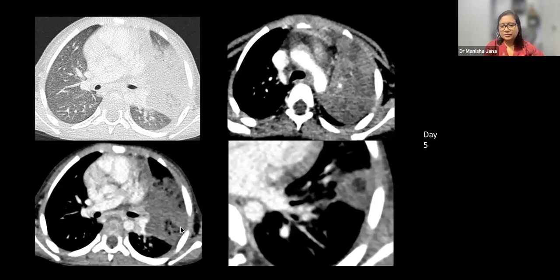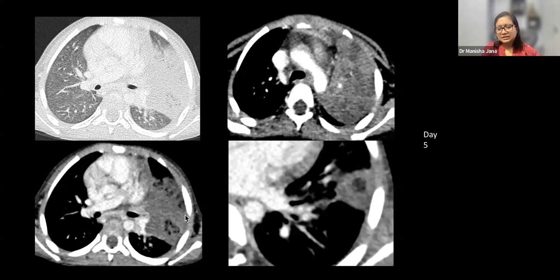If we see this kind of appearance, which is known as the bird's nest sign, this is very much indicative of angioinvasive fungal infection like mucormycosis. Typically, angioinvasive aspergillosis does not give this kind of appearance. This kind of lobar consolidation, a big area with adjacent vascular invasion, we can see the vessels subtending to this area are also non-visualized.